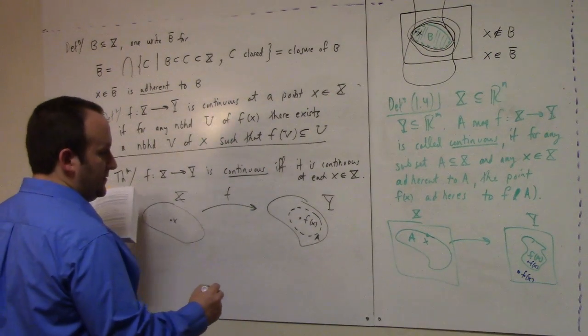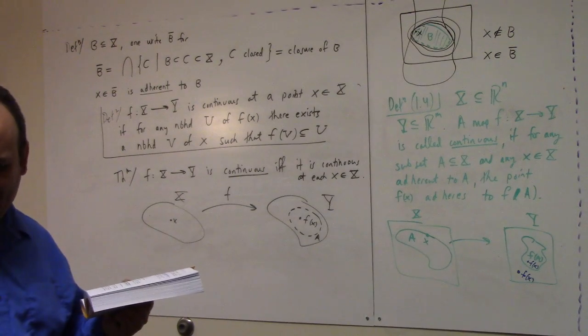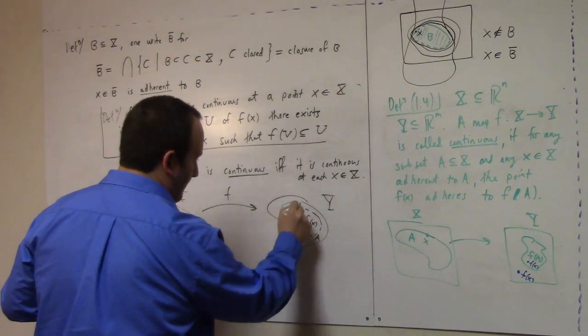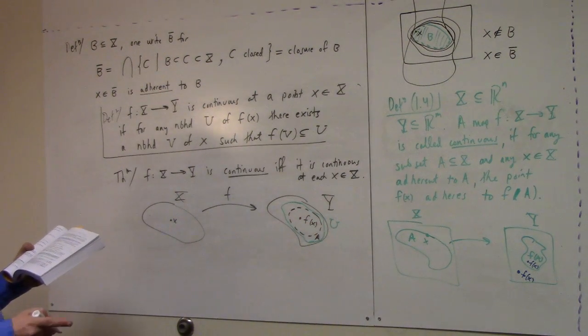Oh, U is the neighborhood. So U is, sorry, I should have drawn U first. U is something bigger, right? And that's just by the definition of a neighborhood.